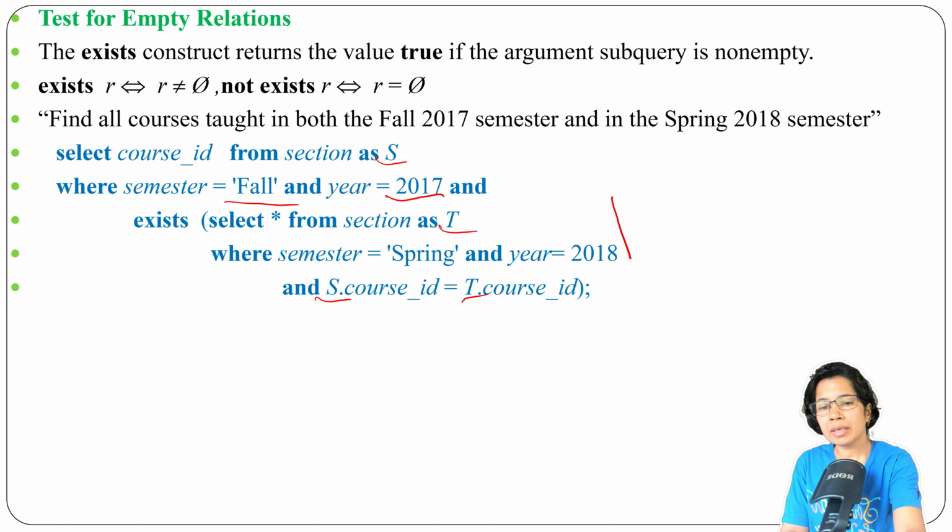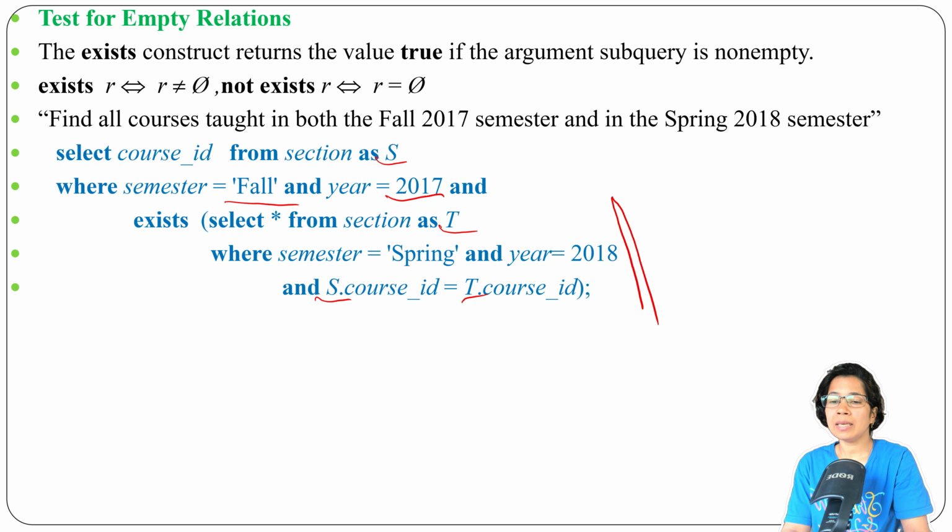First, we will run the inner subquery. It will give the list of course IDs taught in spring 2018. Then we'll run the outer subquery. It will give the list of courses which are present in the inner subquery, which exist in the inner subquery. And that will be for both fall 2017 and spring 2018 semester.